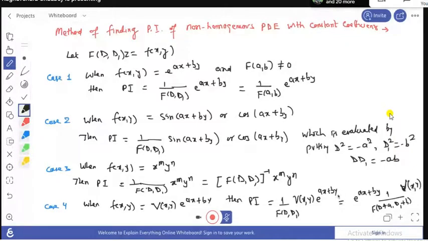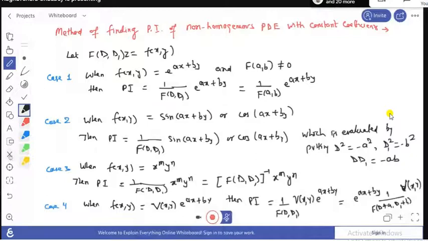So these are some formulas we will use to try to solve our first order non-homogeneous linear differential equation. Here is one last question we will discuss today.